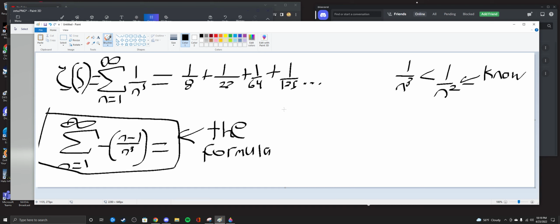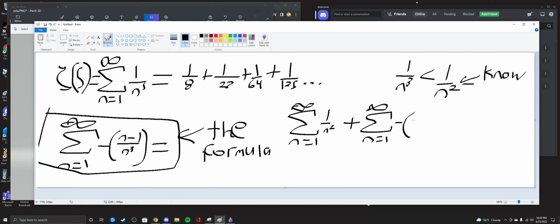So ultimately, what we're trying to find, our ultimate goal, is we would take the sum as n goes from 1 to infinity of 1 over n squared, and we would subtract, or rather I guess add, because this will be negative, the sum as n goes from 1 to infinity of negative n minus 1 over n cubed.